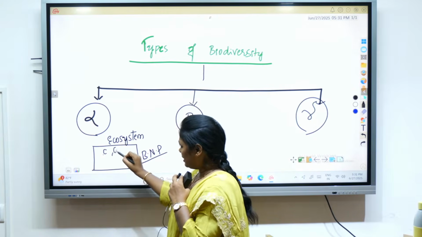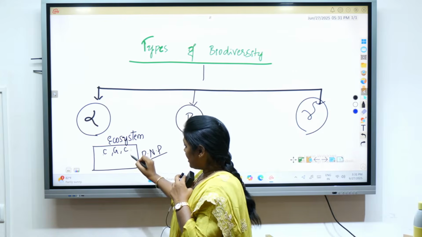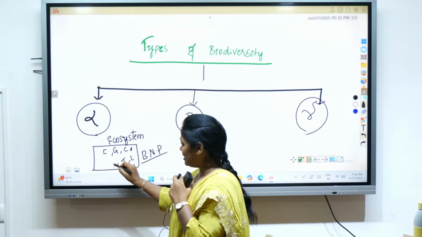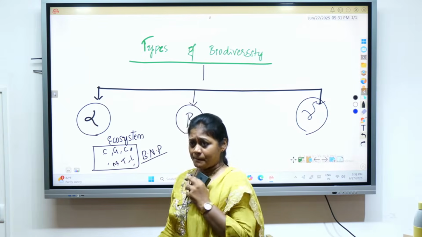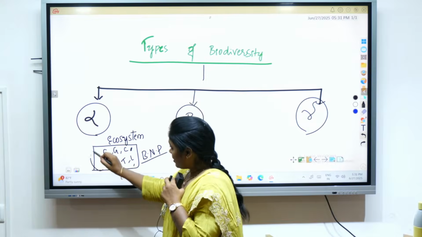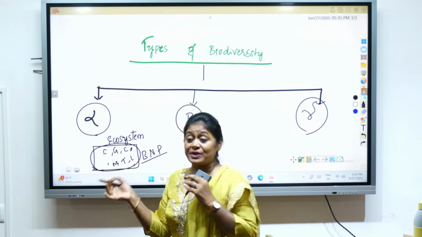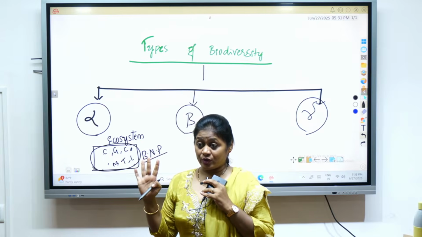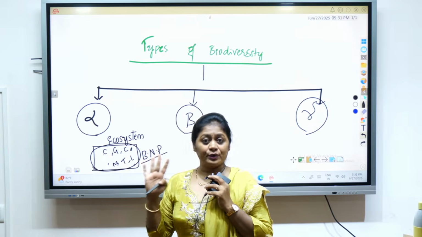Chimpanzee, gorilla, so cheetah, lion, tiger, okay, whatever, monkeys. So this is the number of species which is present in single ecosystem or single habitat. That is known as alpha biodiversity.